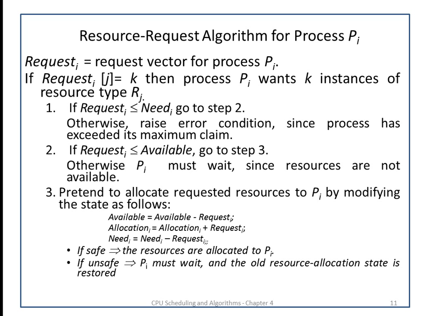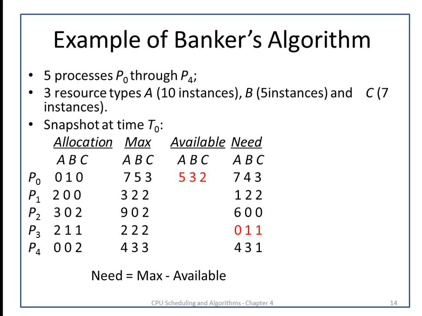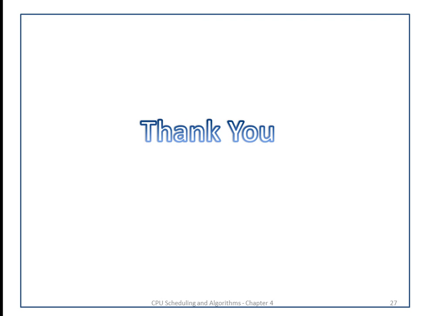In this way, the safety algorithm and the resource request algorithm are executed alternately for the deadlock avoidance algorithm, which is the Banker's algorithm. So this is all about the Banker's algorithm. With the examples we explained all that, and thank you.